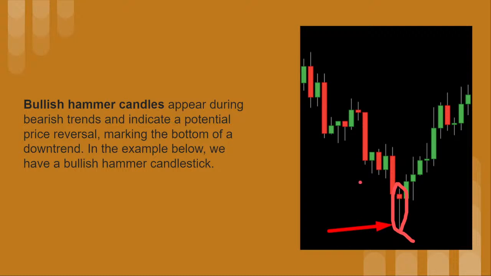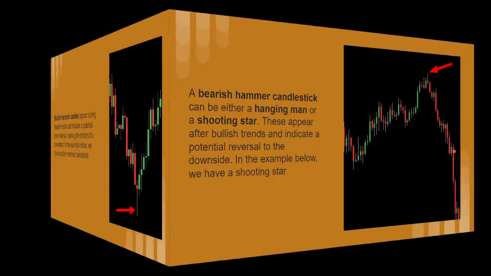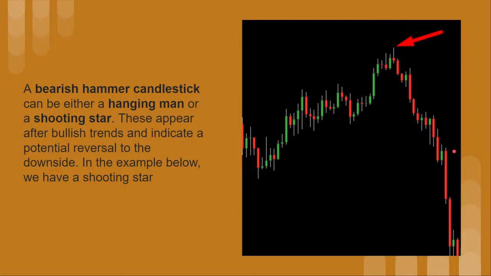Okay, so after finding this bullish hammer candle, what happened is the price reversal happened. Same as with the bearish hammer candlestick, when you see that bearish hammer candlestick and the same price reversal happened, it is considered as a hanging man or a shooting star. So after finding this, the price reversal happened. So that is a major thing you have to think about.